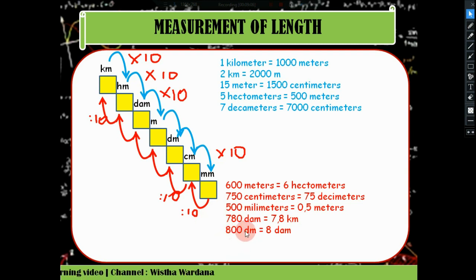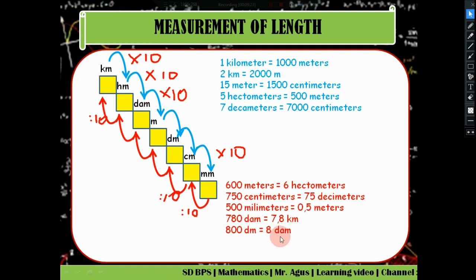And from 800 decimeters converted into decameters, we move up 2 steps from decimeter to decameter. That means you have to divide 800 decimeters by 100. So you will get 8 decameters. Do you understand?